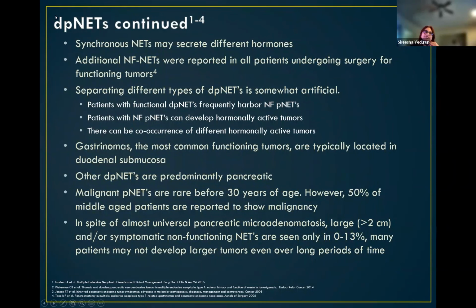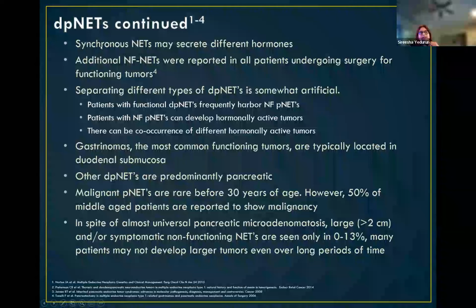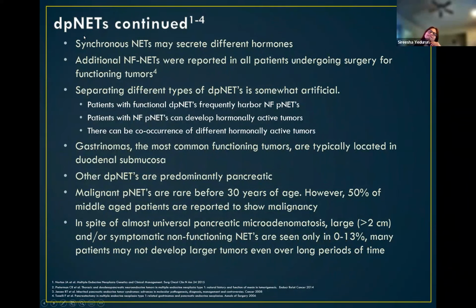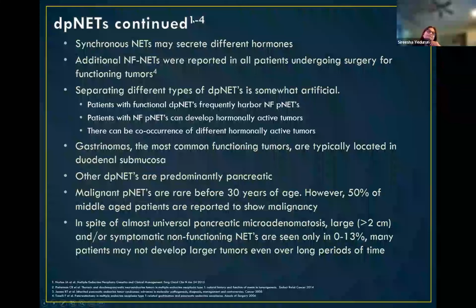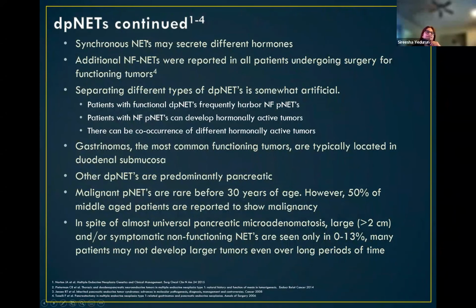And then there may be synchronous neuroendocrine tumors. So it's not just symptomatic or asymptomatic, functional or non-functional. Patients may have multiple different types of tumors, and secreting and non-secreting tumors can be seen together.